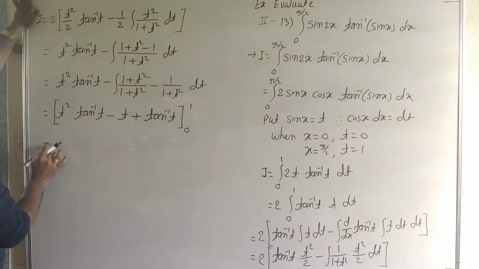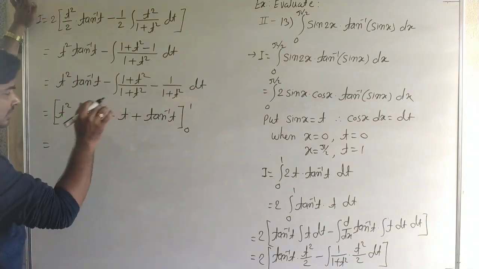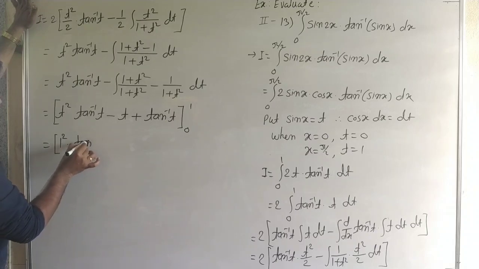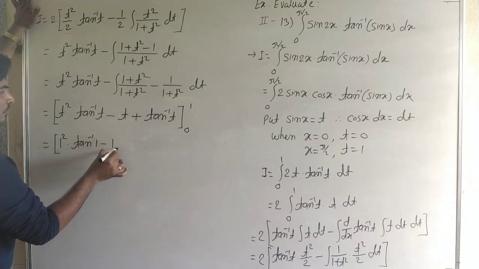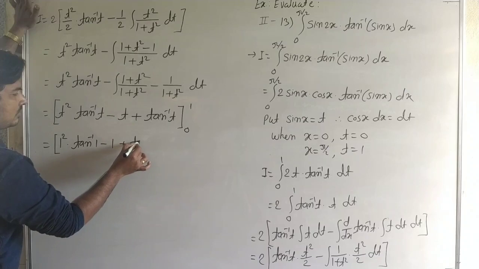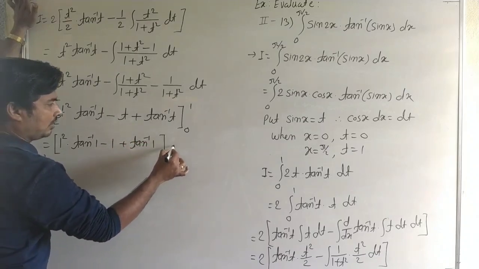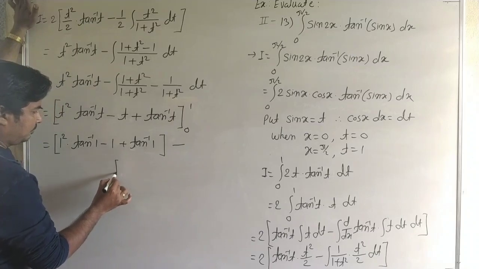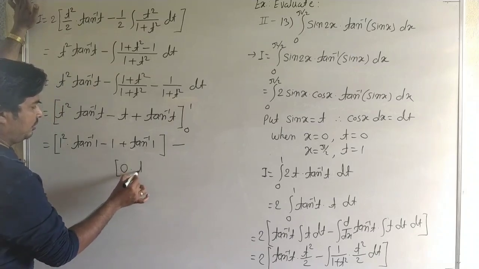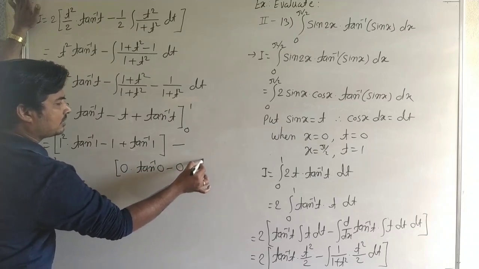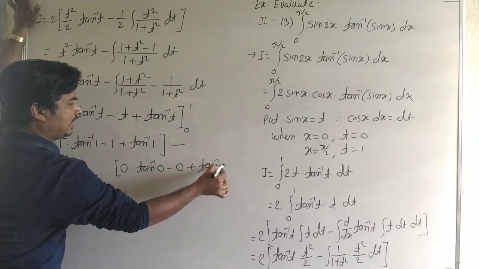Okay. Now first put the upper limit and then the lower limit. Therefore, upper limit: 1 square into tan inverse of 1, minus 1, plus tan inverse of 1, minus the lower limit: 0 into tan inverse of 0, minus 0, plus tan inverse of 0.